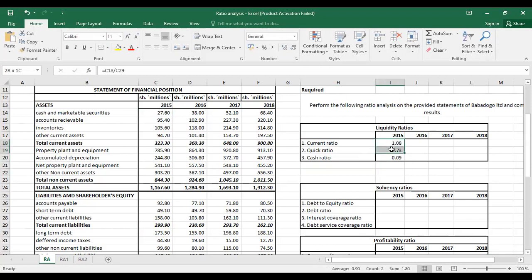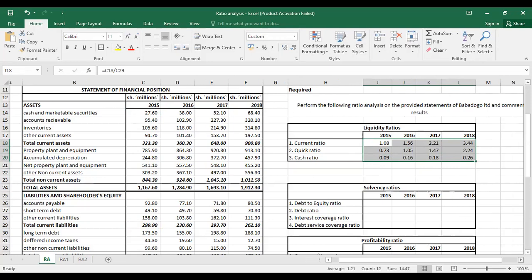So here I just select this way and drag, and I do Alt HBT.